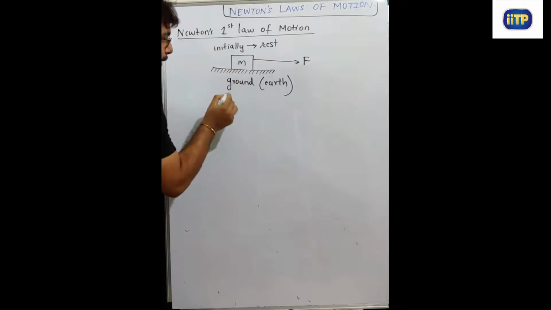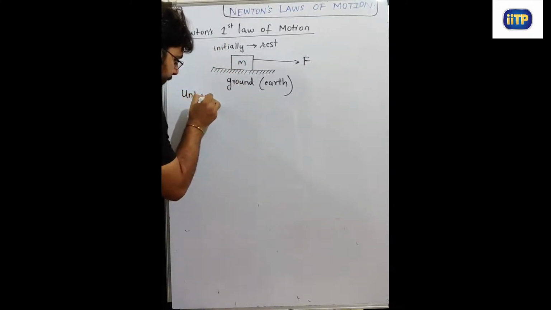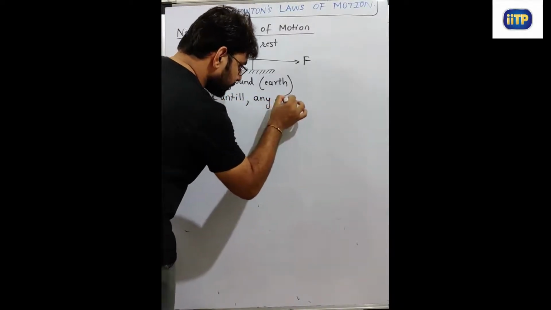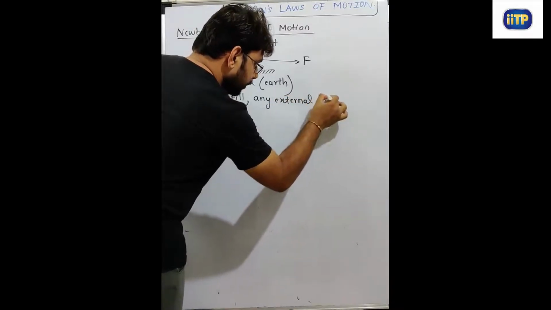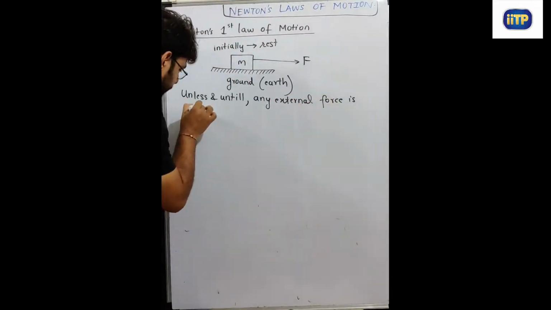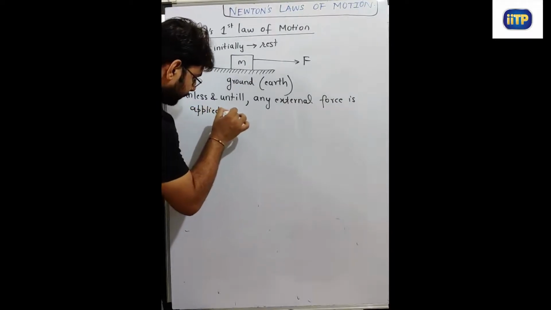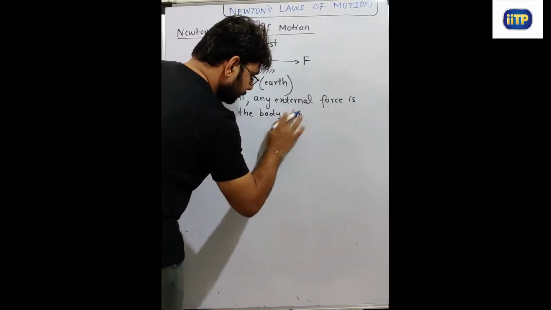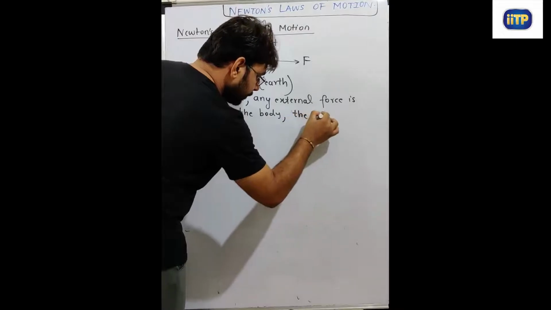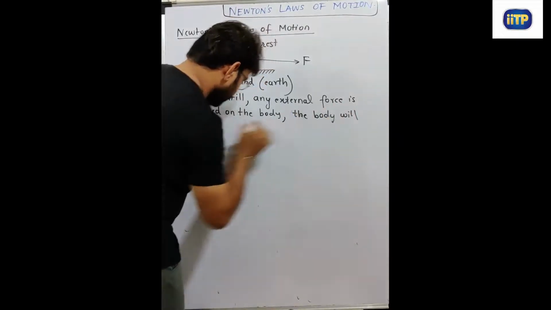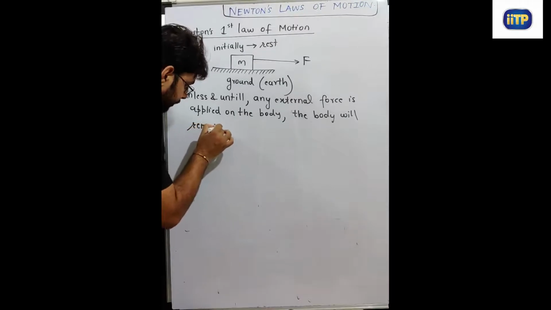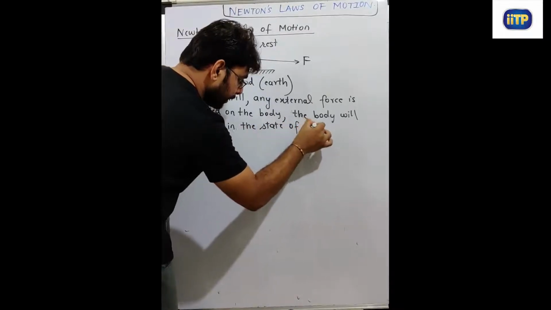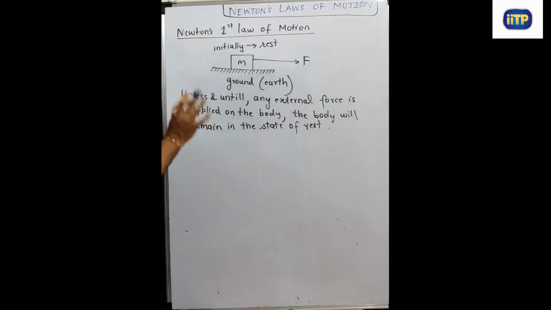So unless and until any external agent or any external force is applied on the body, the body will remain in the state of rest. In other words, the body is at rest.